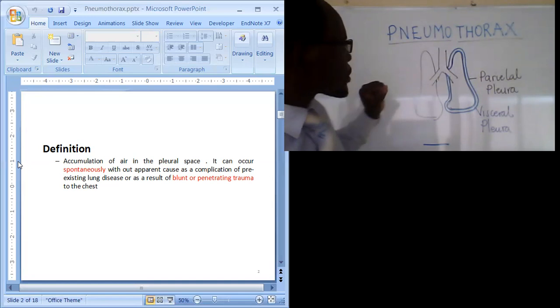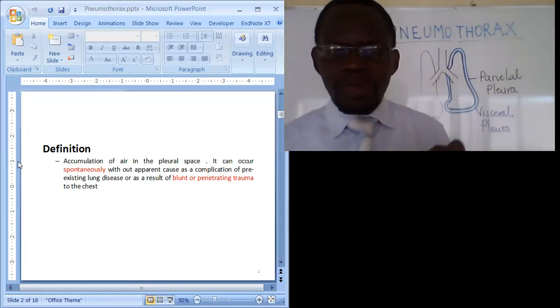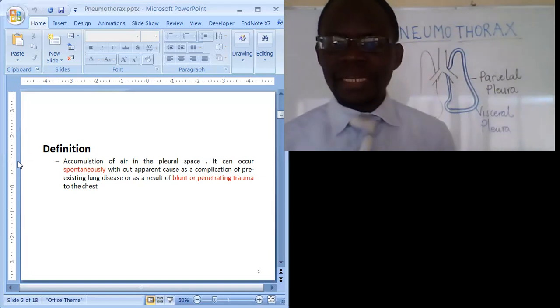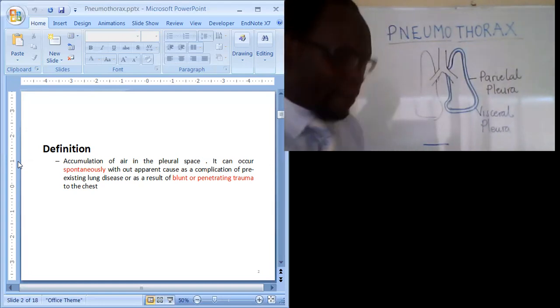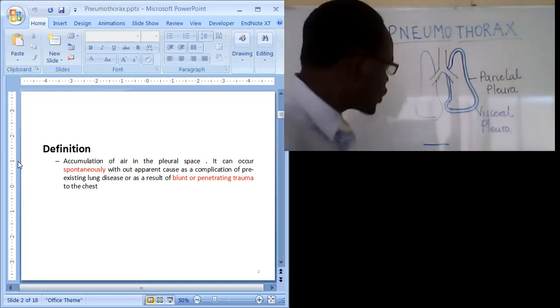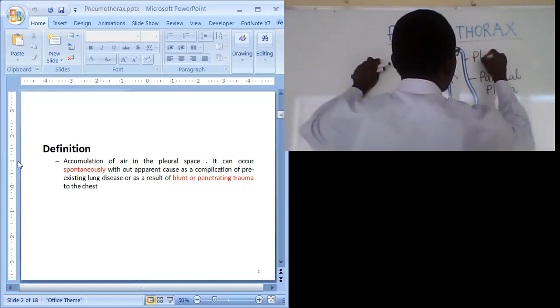Now, in between the parietal pleura and the visceral pleura is a potential space called the pleural cavity.